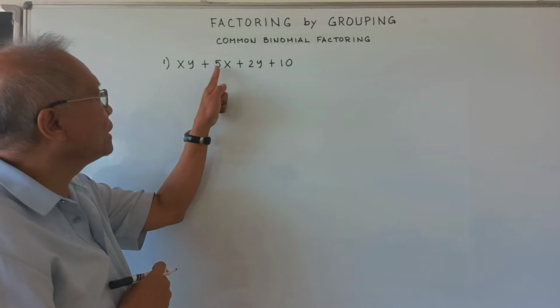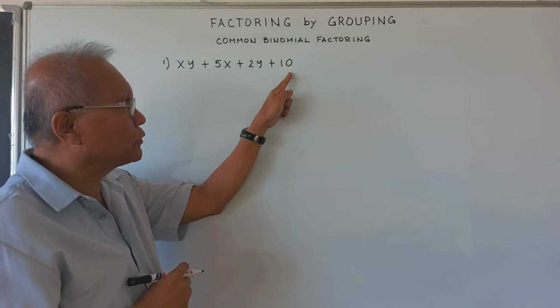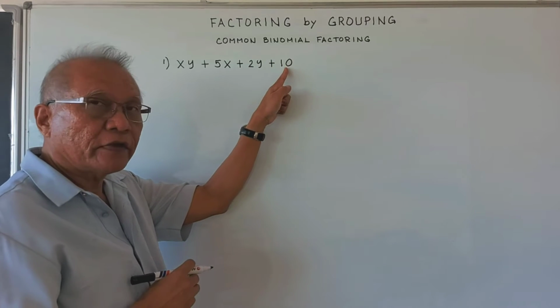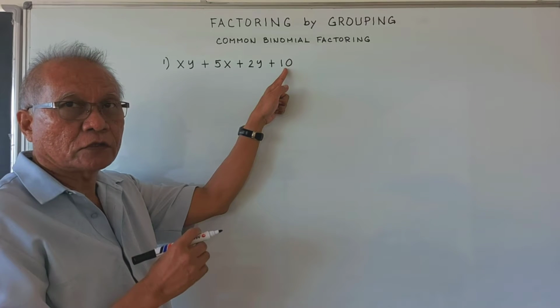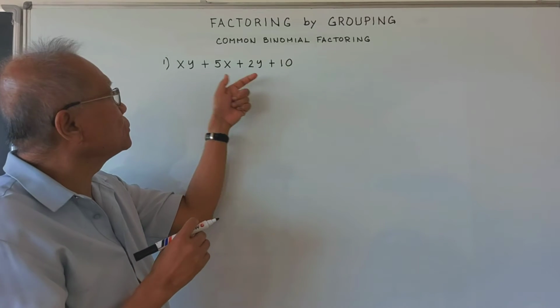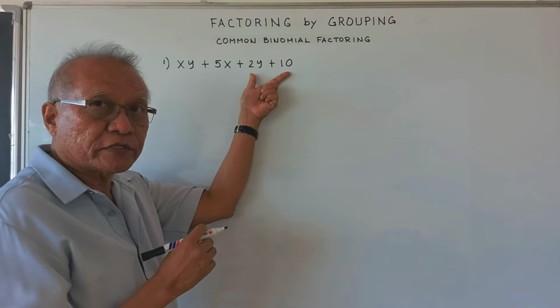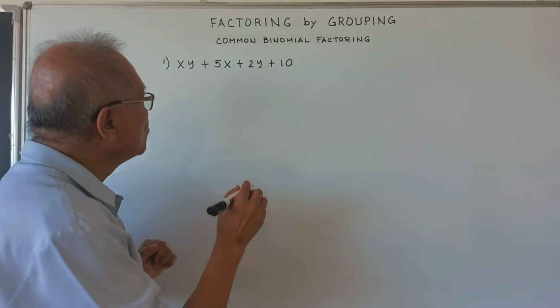So we can group them. Second, the third term and the fourth term, we have a 2 here and a 10 there. Therefore, we also have another common monomial factor. So we can group them into 2 terms here and another 2 terms there. So we have 4 terms grouped into 2.